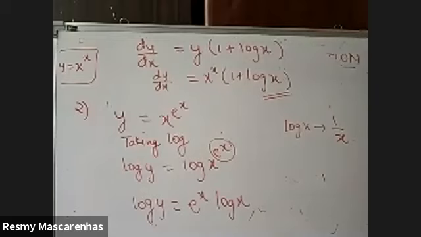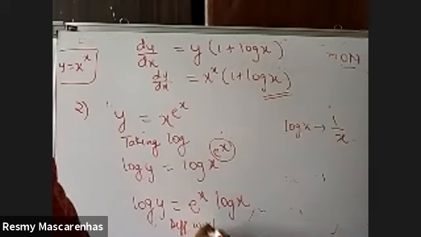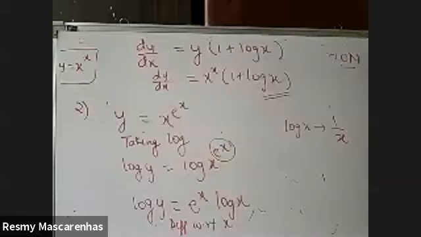Differentiate on both sides with respect to x. Log x into e raised to x upon x plus log x into e raised to x, the last term. Okay.